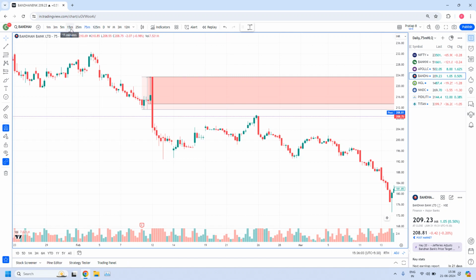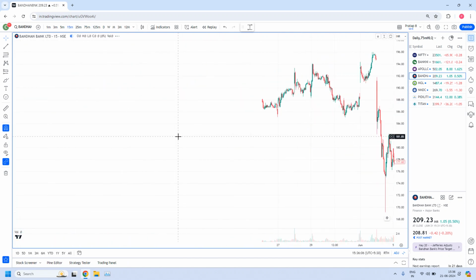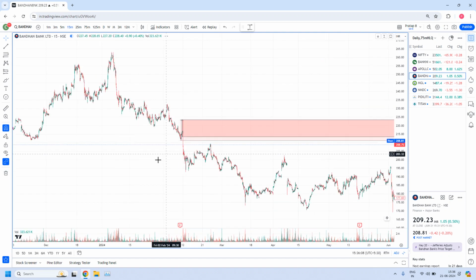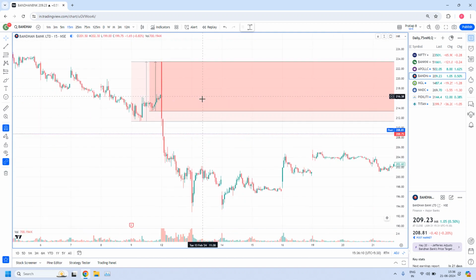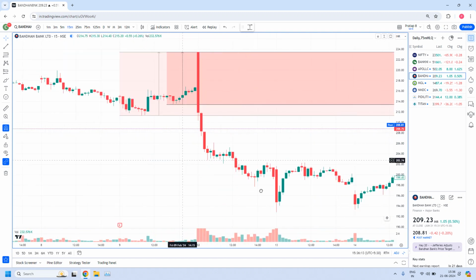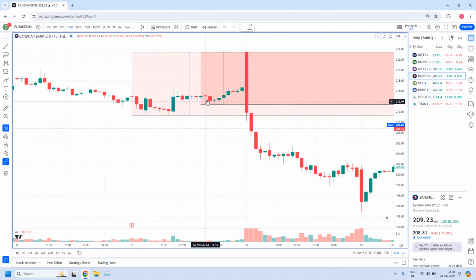Now let's go to the 15 minutes time frame. In the 15 minutes time frame, I didn't draw the zone because the 15 minutes structure is not at all good. See here, maybe you can consider this is also a base candle. Still, if you consider this a leg candle, 1, 2, 3, 4, 5, 6, 7 and then a drop candle. Actually this is the leg in, 1, 2, 3, up to 15.